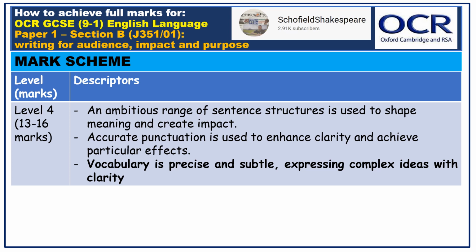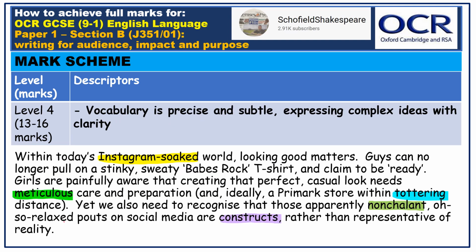Next up, vocabulary. It needs to be precise and subtle, with complex ideas expressed with clarity. Returning to a past paragraph, precise and subtle vocabulary is perhaps seen within words or phrases such as "Instagram soaked", "meticulous", "tottering", "nonchalant", and "constructs".